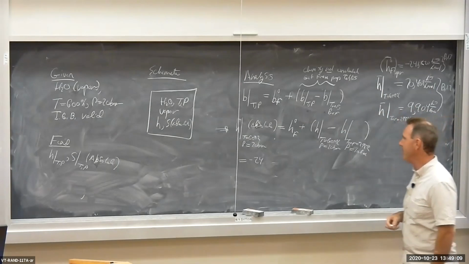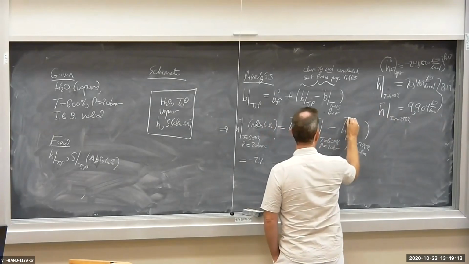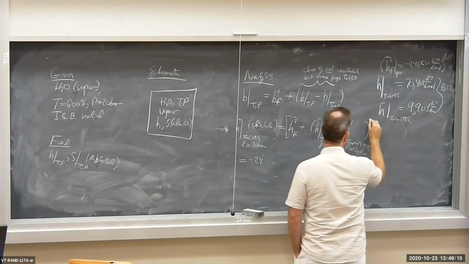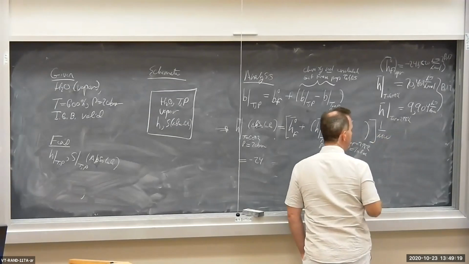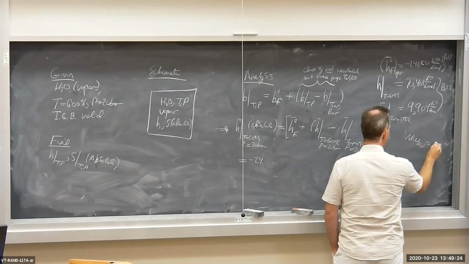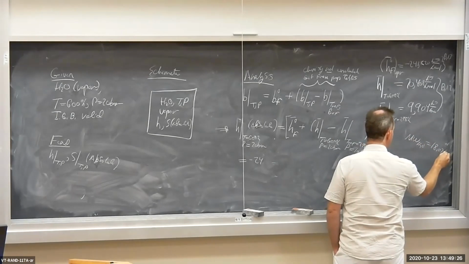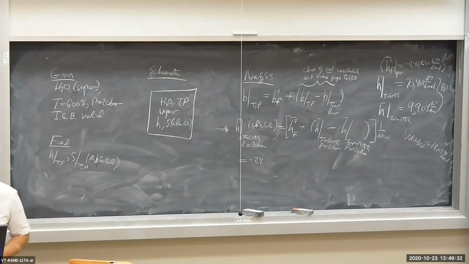So if I want to get H, I have to divide all of this by the molecular weight. The molecular weight of H2O is 18.02 kilograms per kilomole. You can look that up.